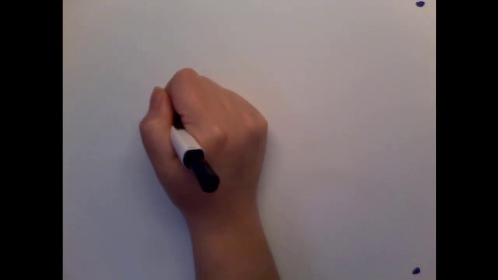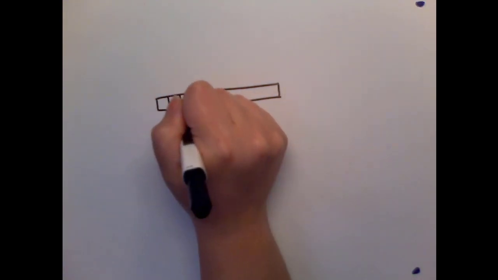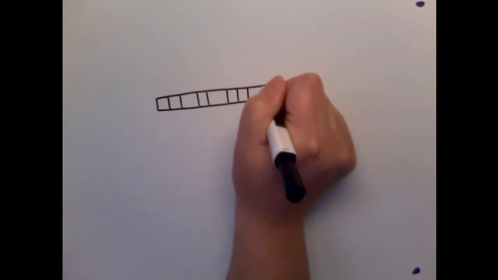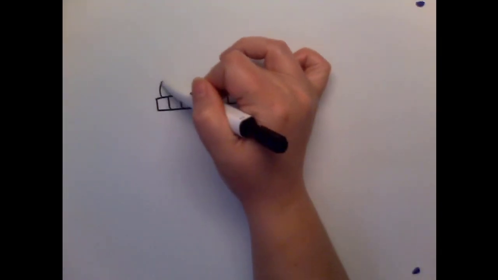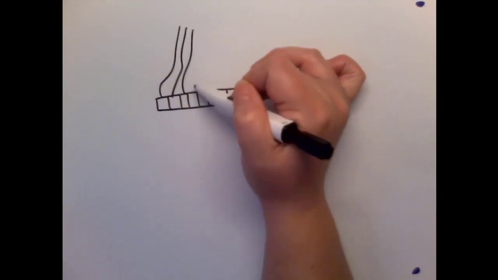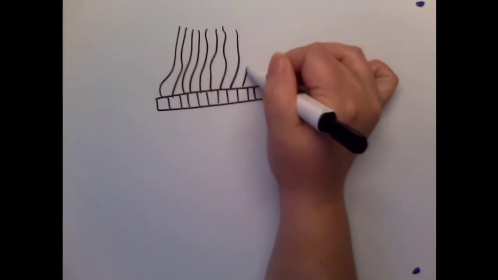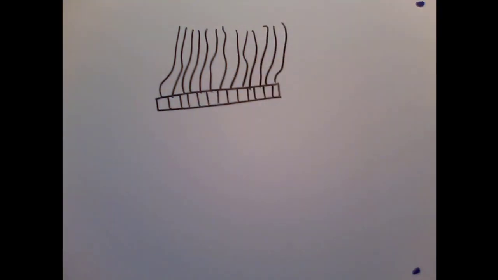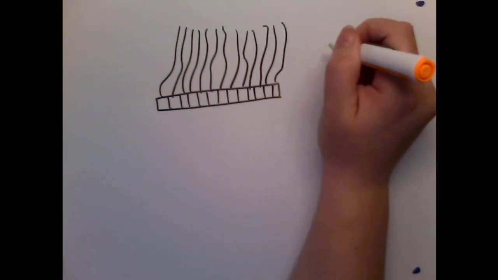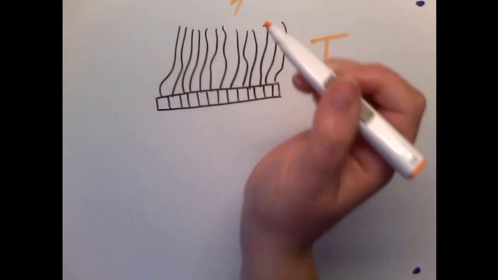So let's think about how this applies to our transducer. I'm going to draw very simple drawings here, hopefully. We have a transducer, and at the front of our transducer, all these little piezoelectric crystals. Each one of these crystals has a wire that connects back to it, and all of these wires head back to the machine. During transmission, I'm going to do T for transmission, electricity is coming down these wires.